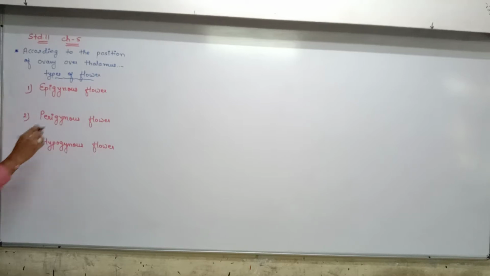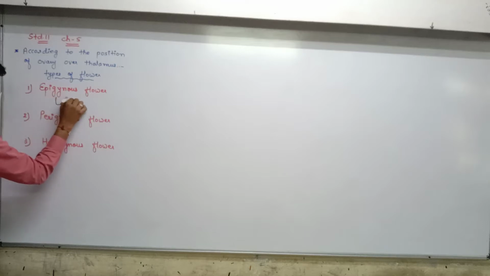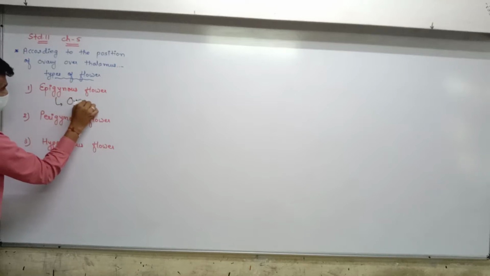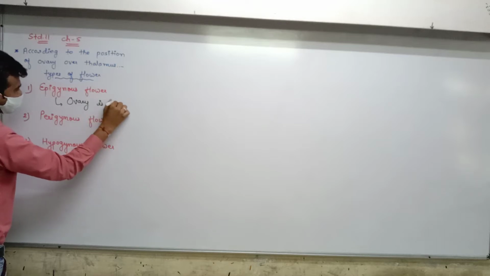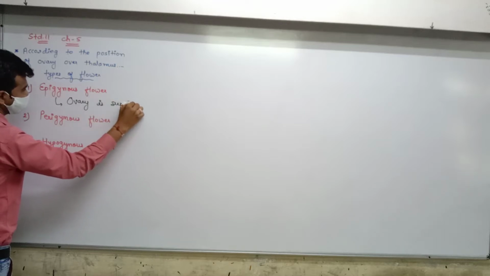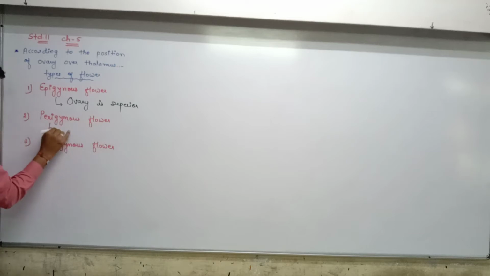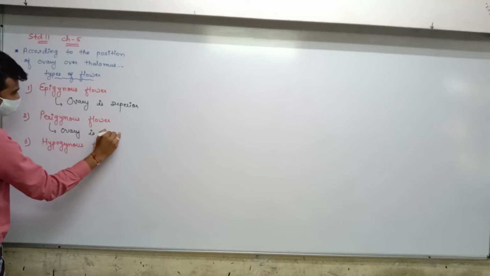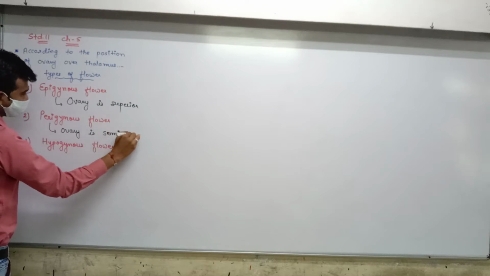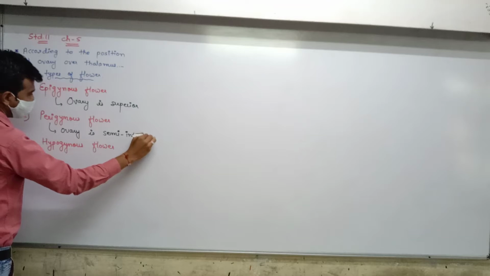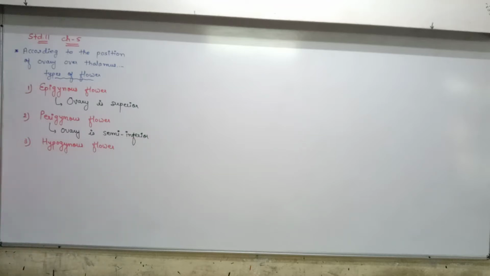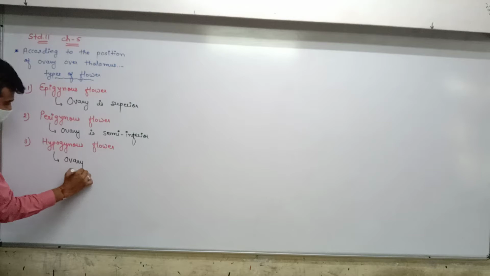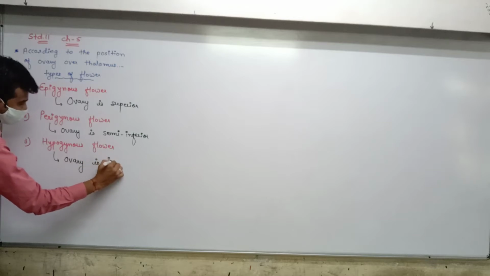Here you have to remember: ovary is superior. Perigynous, ovary is semi-inferior, which we will understand later on, and the other, ovary is inferior.